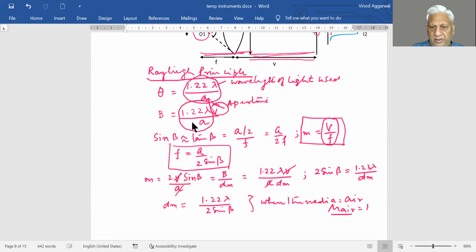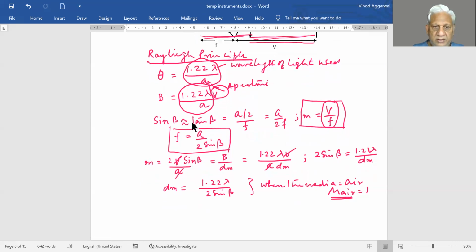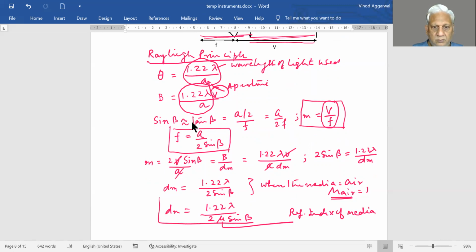But in case this media is not air, then we have to correct this formula for mu, which is the refractive index of media. And this term is also known as numerical aperture.